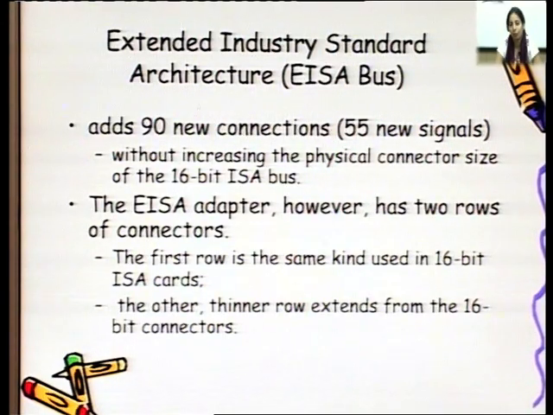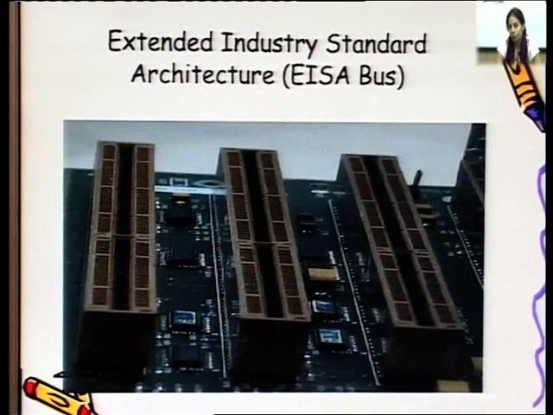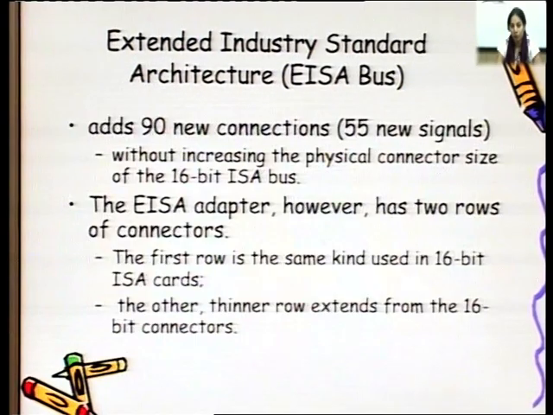The first row is the same kind used in a 16-bit ISA card, and the other is a thinner row that extends from the 16-bit connectors. In the diagram we can see there are two rows, right. So here we are discussing that the first row is the same as the 16-bit ISA card, and the other is a thinner row that extends from the 16-bit connectors.